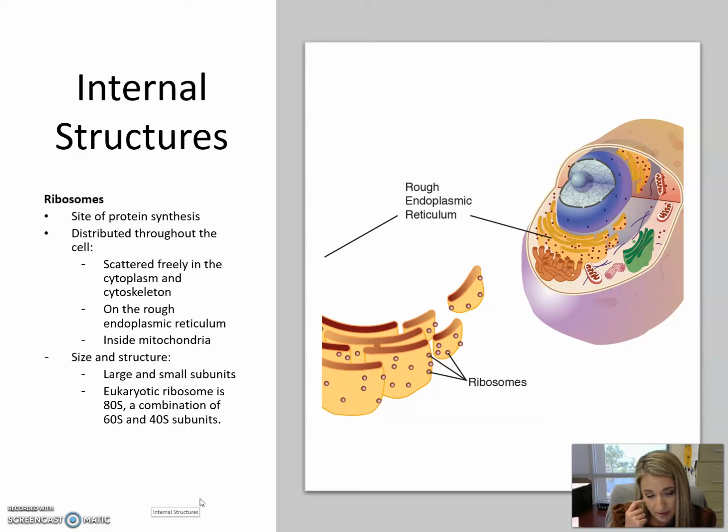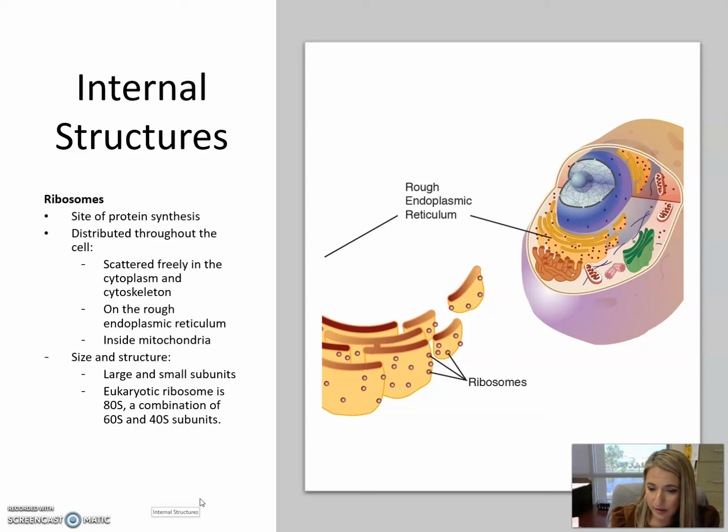So that's one difference. Another difference is location within the cell. In eukaryotic cells, there will be ribosomes in the cytoplasm, ribosomes within the mitochondria, and also ribosomes on the rough endoplasmic reticulum. In prokaryotic cells, the ribosomes are most often just dispersed in the cytoplasm.